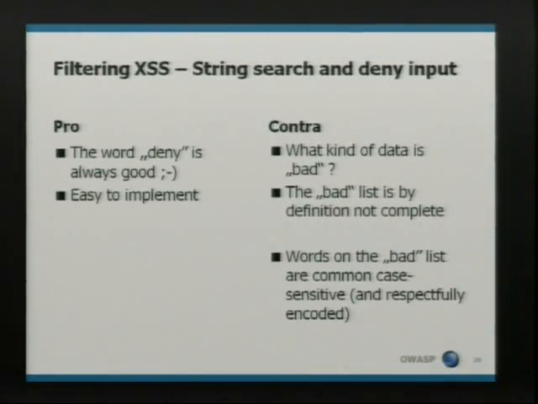On the other side, we have to define what kind of data is bad, and this is usually based on the user experience. And we also know the bad list is by definition not complete. And also usually, if I'm doing it via string search, these kinds of characters or words are case sensitive, which is also not very good.